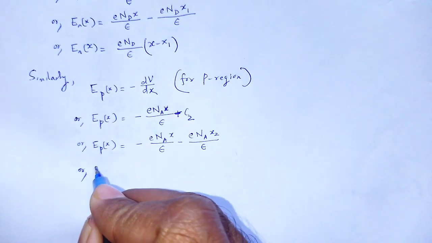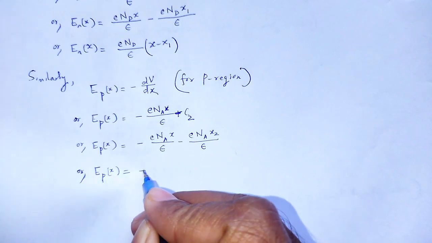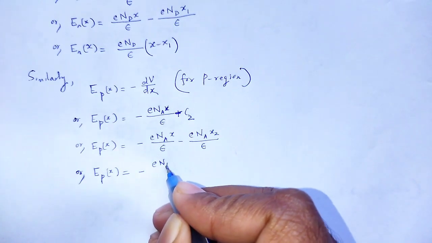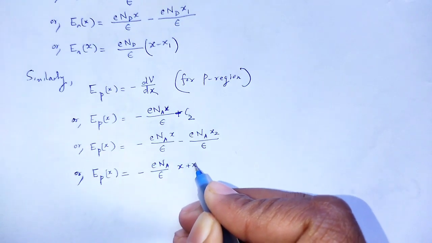Therefore, E p of x is equal to minus q N a by epsilon, x plus x2.